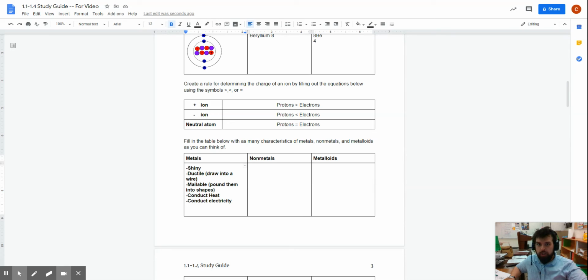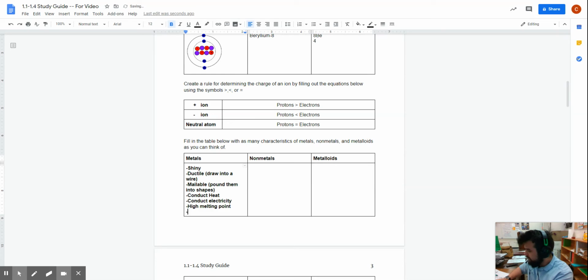Let's see. I'm sure I'm missing very important ones here. Ooh, how about, while also conducting heat, they also have a high melting point. Boom. Is there anything else that I can say about metals?